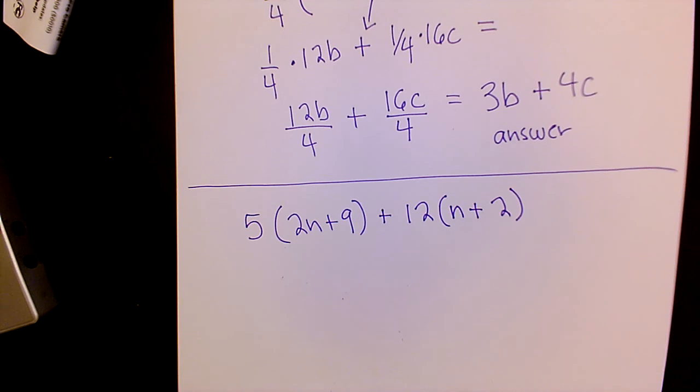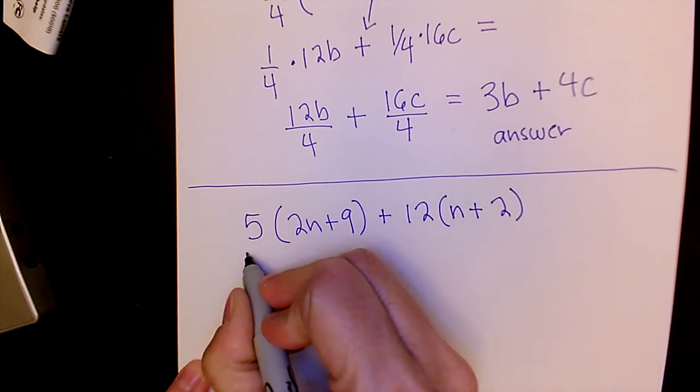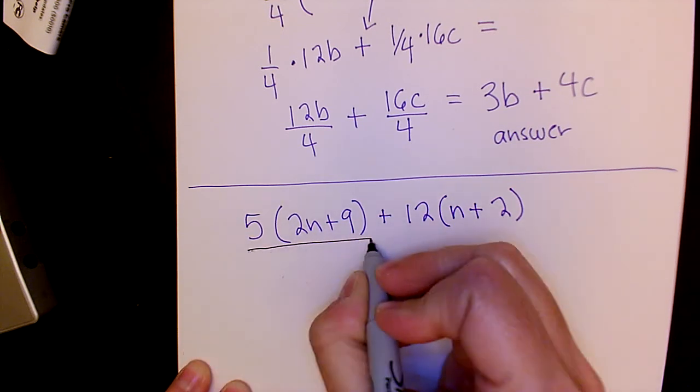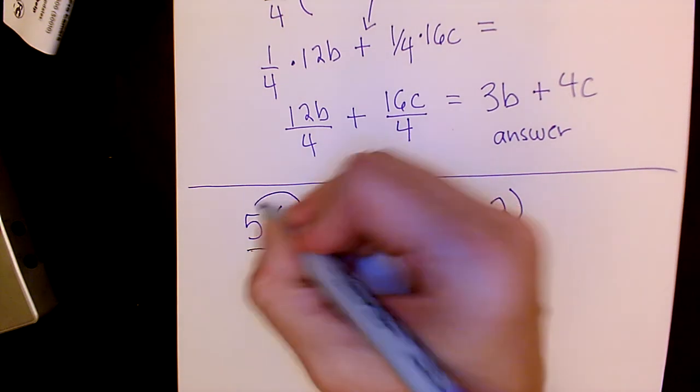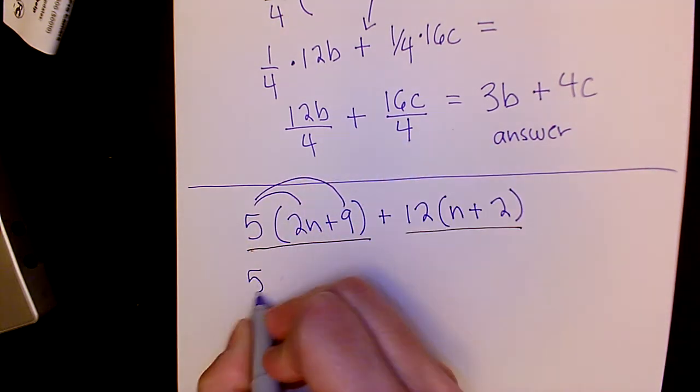Okay, we've got two distributive problems here. We've got this piece and then we've got this piece. And then we'll see if we have anything that matches up. We'll see if we can combine some like terms. So I would start on the left and I would distribute this out first.